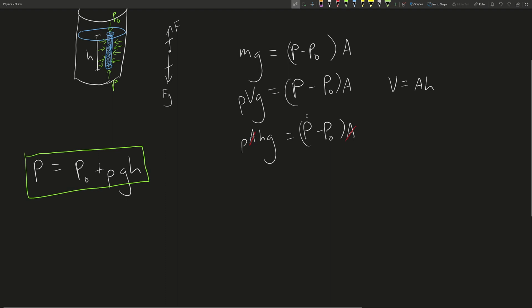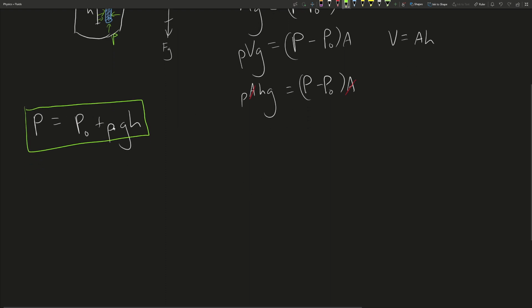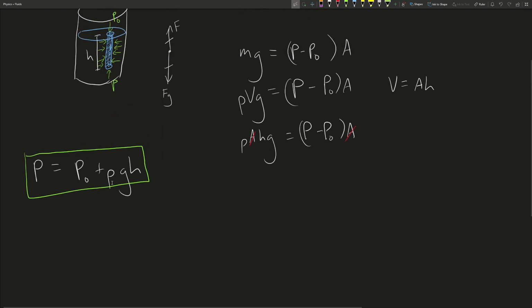And so this, as you can see, only depends on density, gravity, and the depth of the fluid plus the initial pressure. So it does not depend on the location, which means that the pressure, given the same density throughout the fluid and same uniform gravitational field, will be the same as long as the height is the same.